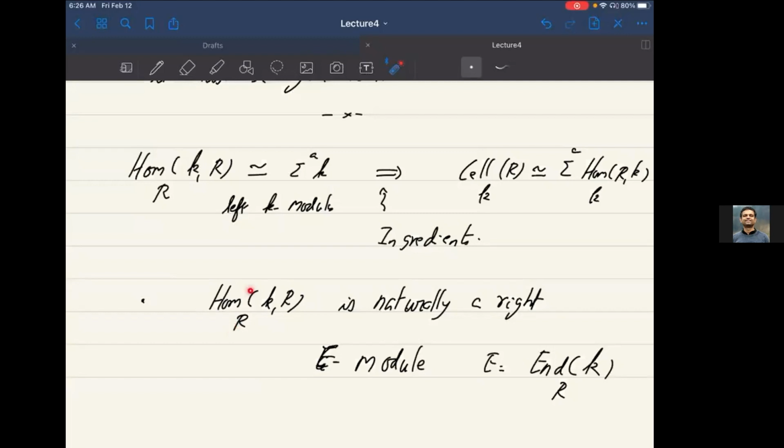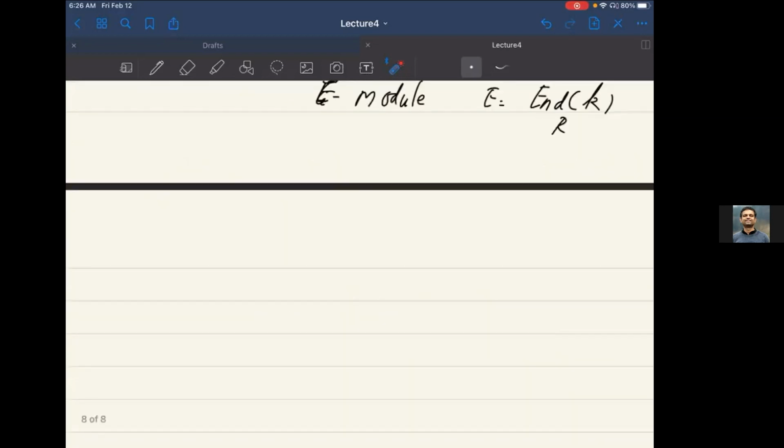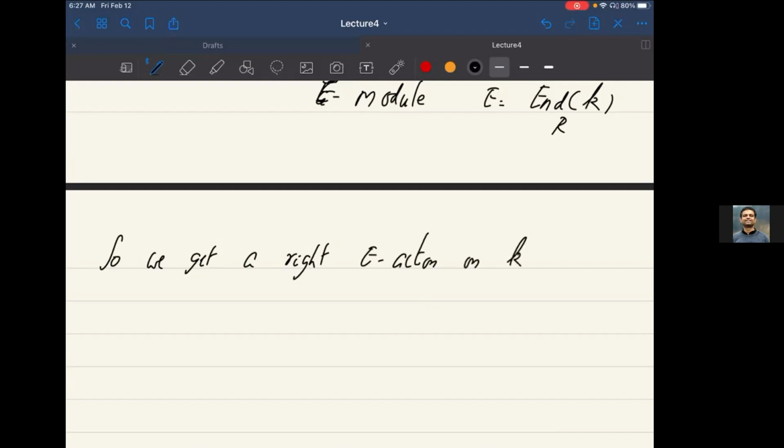So that's left over and you get a right E module structure. But now via this isomorphism, K acquires a right E module structure, which is something new. So we get a right E action on K compatible with its left one. That means K becomes a bimodule over E. This is a new piece of structure.